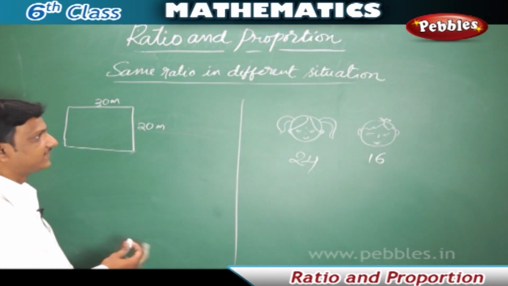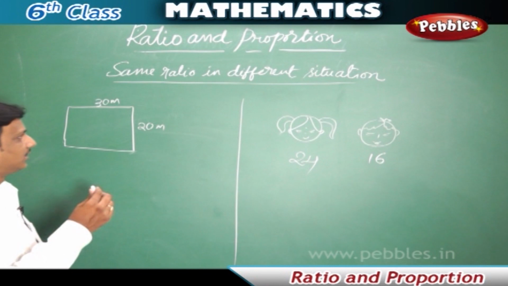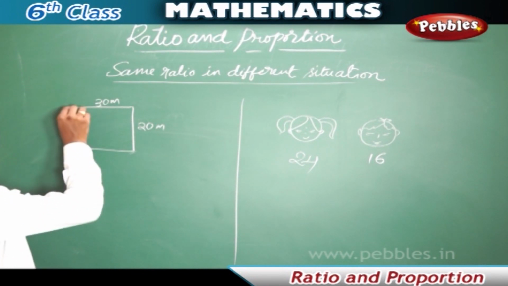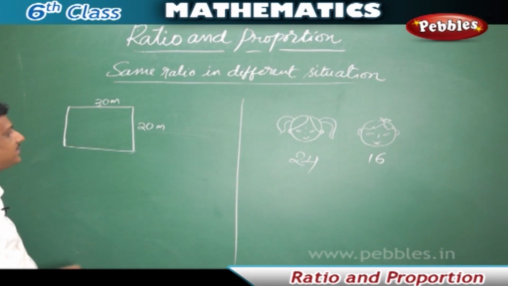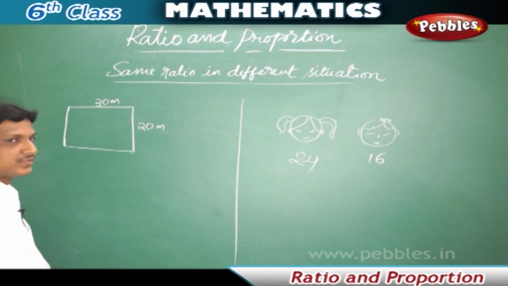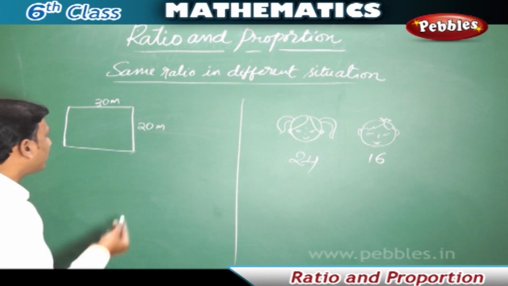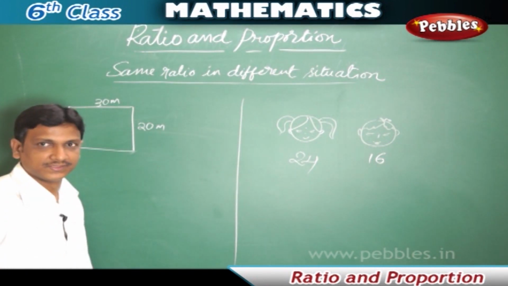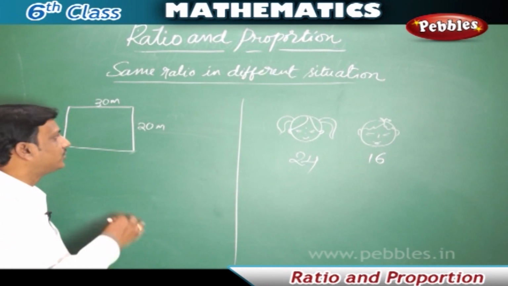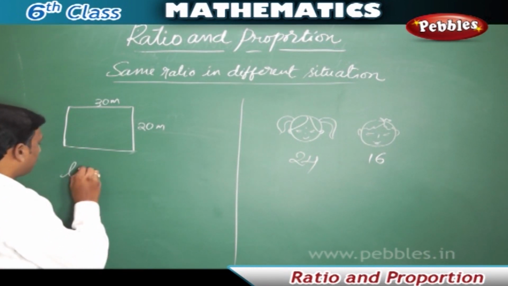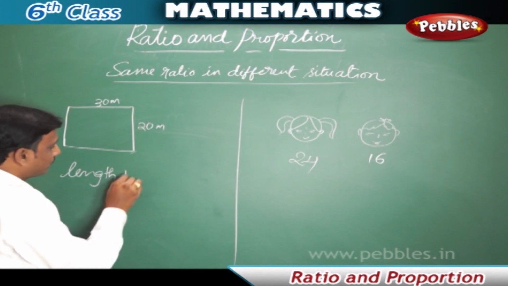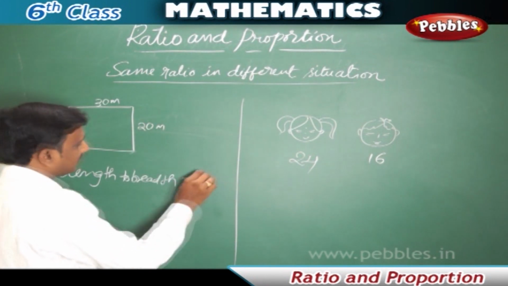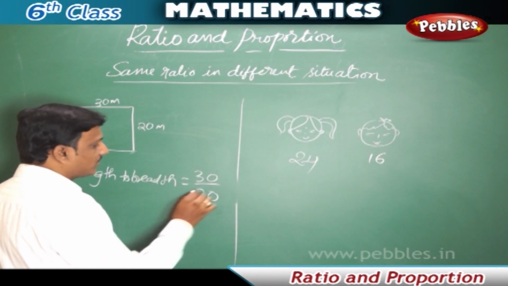Same ratio in different situations. Let us see two different situations. There is a room of length 30 meters and width 20 meters. Now if we are going to find the ratio of its length to its breadth, that is 30 by 20.